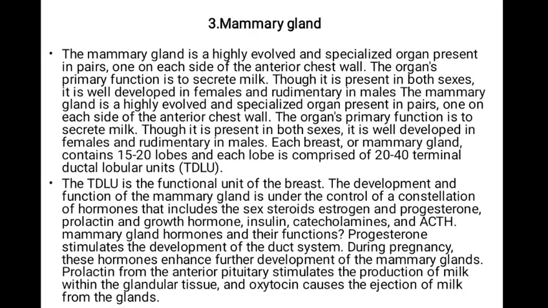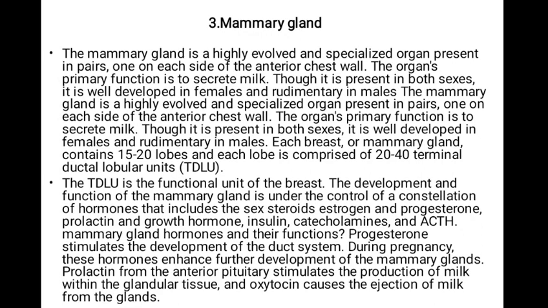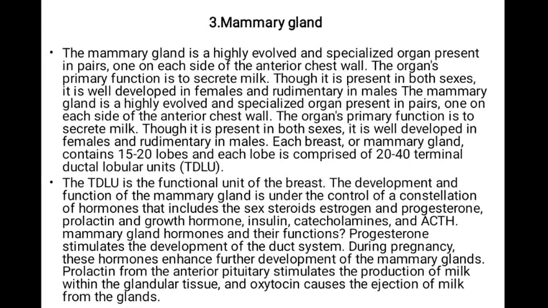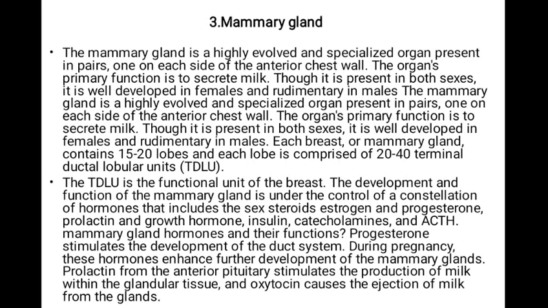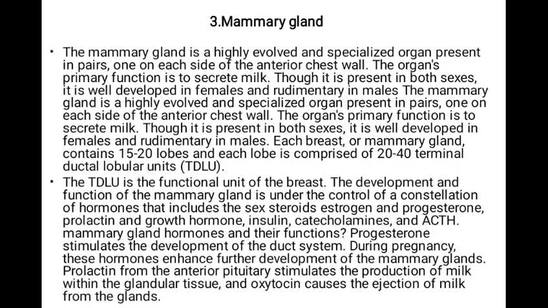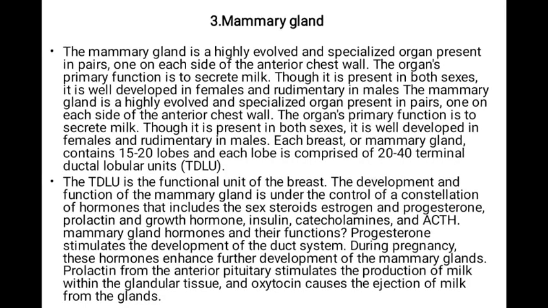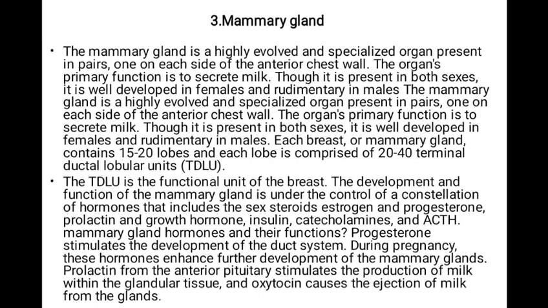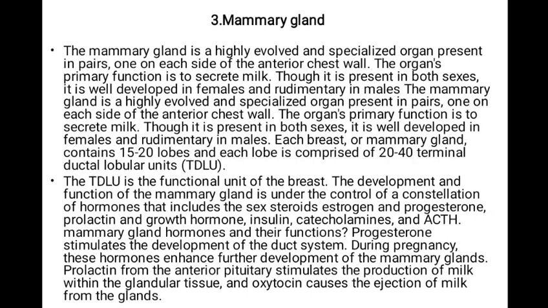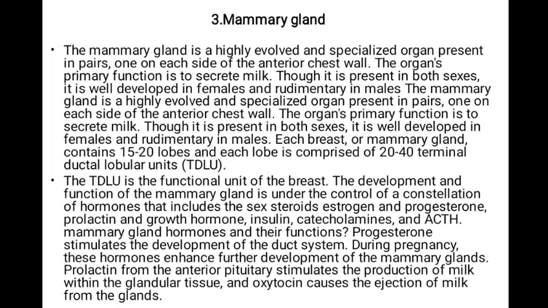It is well developed in females and rudimentary in males. Each breast or mammary gland contains 15 to 20 lobes, and each lobe is comprised of 20 to 40 terminal duct lobular units, meaning TDLU.